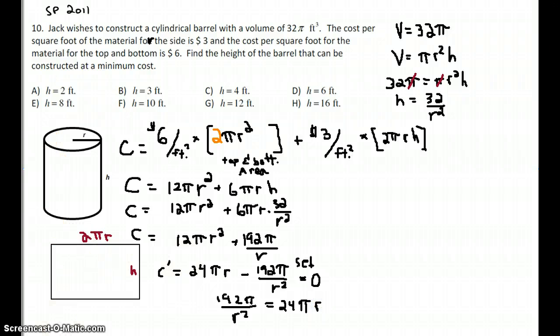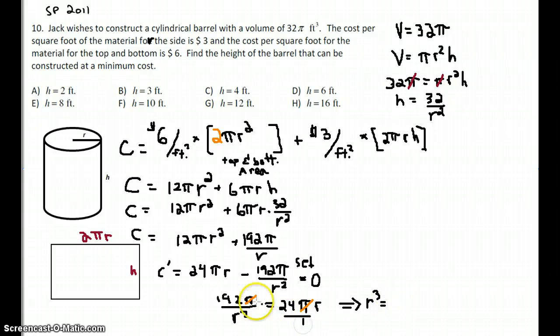Pi's cancel out again, and we'll have r cubed is 192 over 24. And I think that's 8.